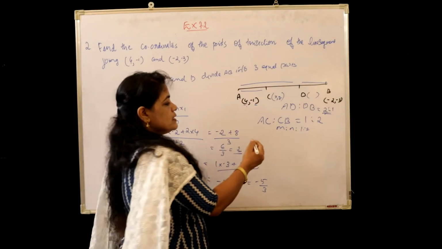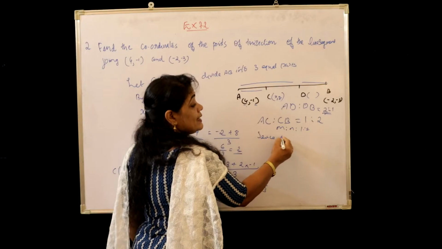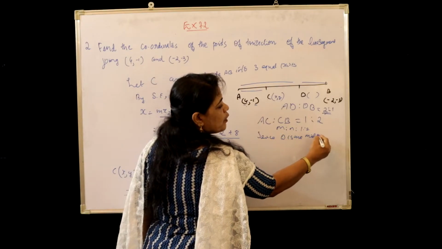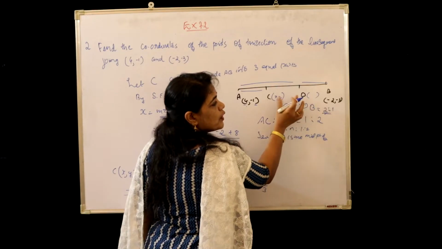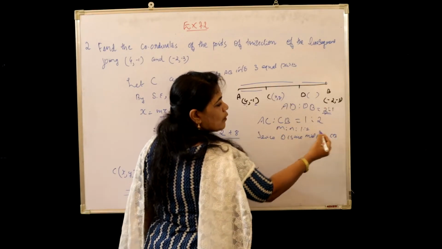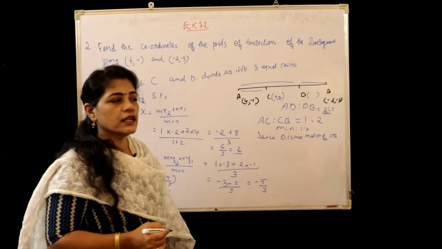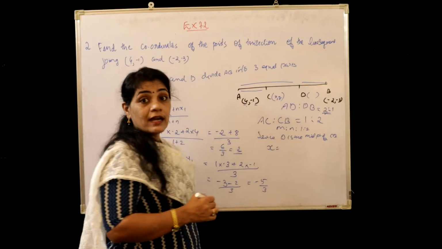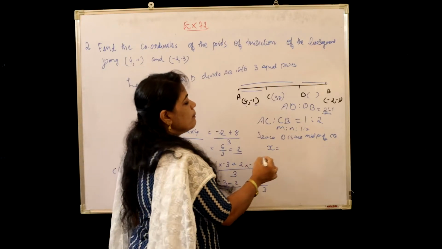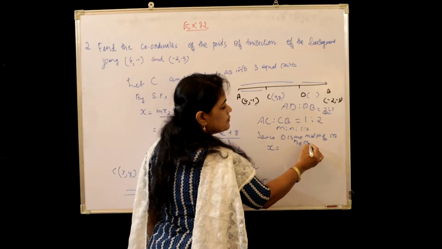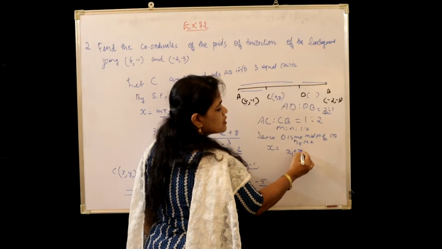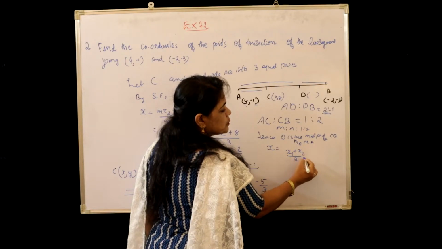Understood? Since D is the midpoint of CB, in order to get the coordinates of D (x, y), x is equal to, by the midpoint formula, x1 plus x2 by 2.